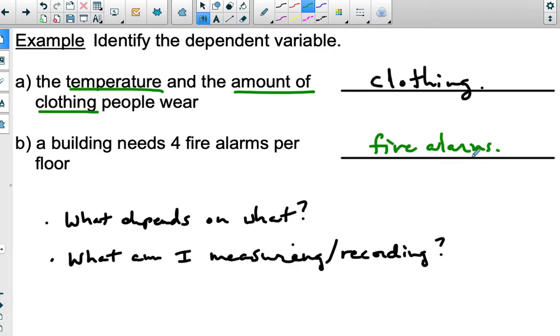No, when you build a building, the architect says we want it to be 7 floors, and you must have 4 fire alarms per floor. So the amount that we buy, 28, is dependent on the floors. So once again, we're not measuring how many floors there are. The way the question is worded, we're studying how many fire alarms are needed. So that's what we're measuring.